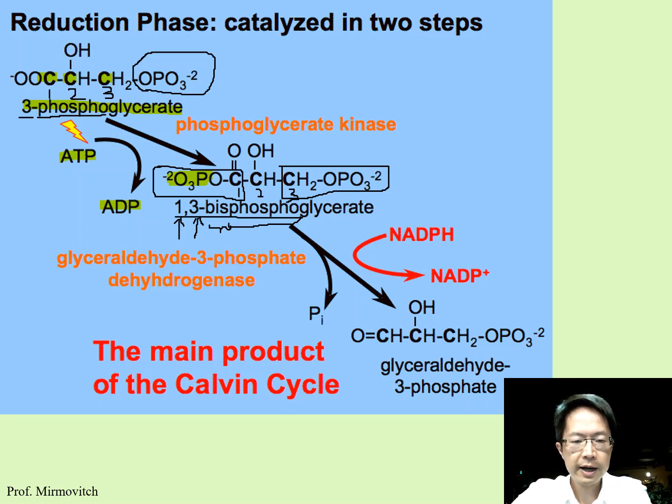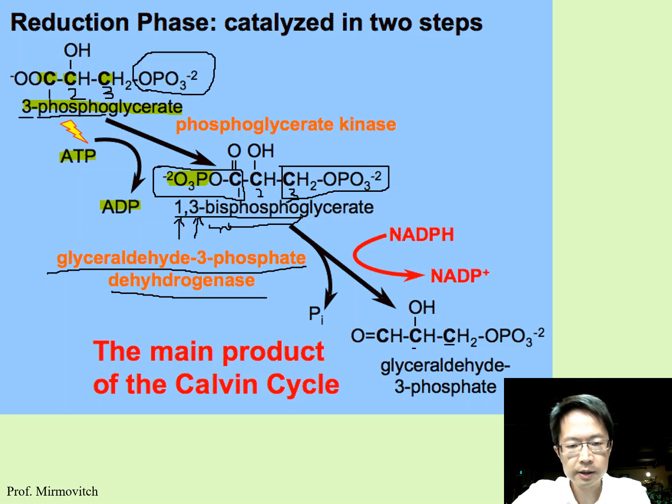And then you have an enzyme called glyceraldehyde 3-phosphate dehydrogenase. Okay, this is a very long name. Glyceraldehyde 3-phosphate is the G3P, and you just put dehydrogenase. Let's take a look what's going on. So again, you have 3 carbons, 1, 2, 3, okay.